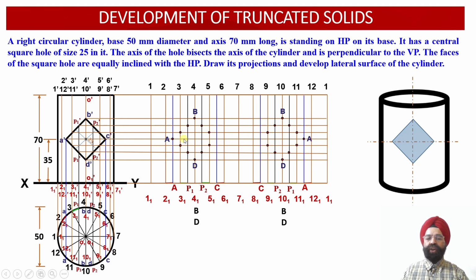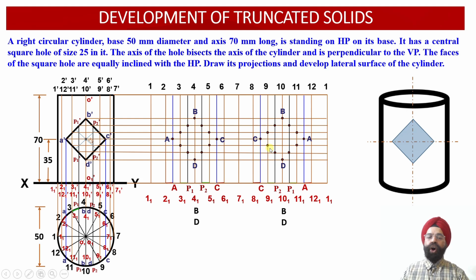Wherever this horizontal projector line intersects with the vertical blue color projection lines corresponding to the point C, one in the rear face and one in the front face, the intersection provides the location of the point C in the rear face and the front face respectively.